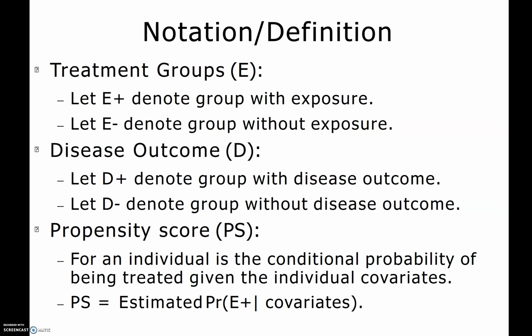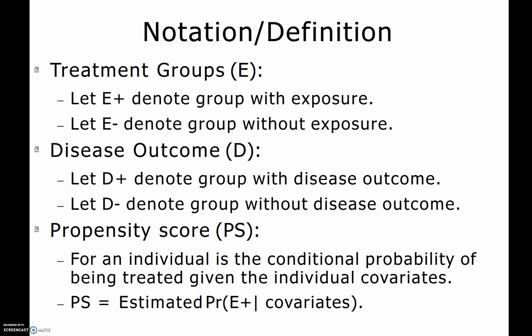Okay, so for example, if I'm designing a propensity score matching algorithm for use in an educational study, and my E group, my treatment group, is use of a certain new curriculum, that would be E plus, and E minus would be the old standard curriculum. Perhaps I know that the higher SES schools are getting the new curriculum.